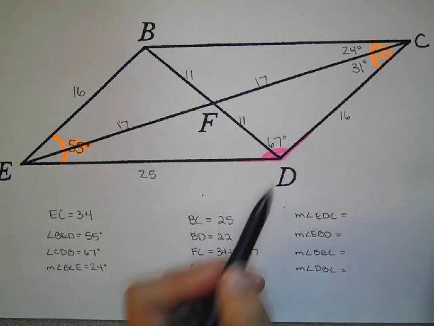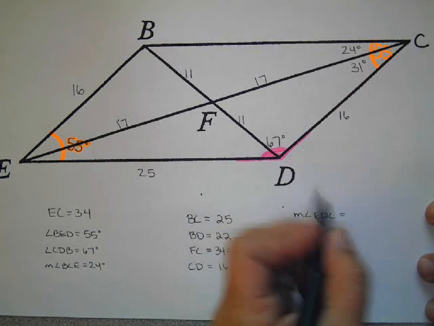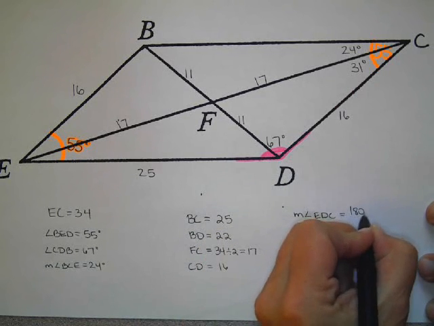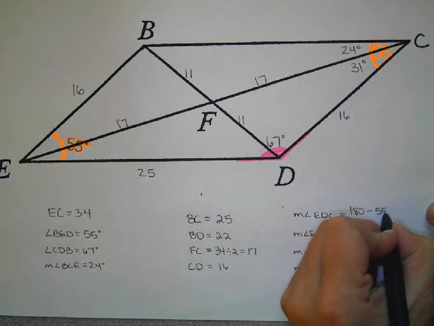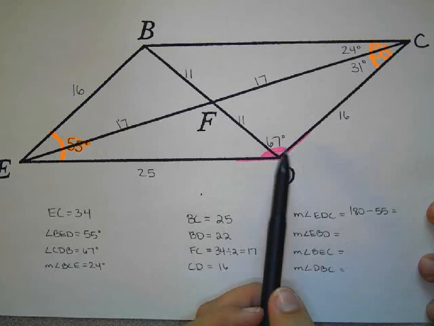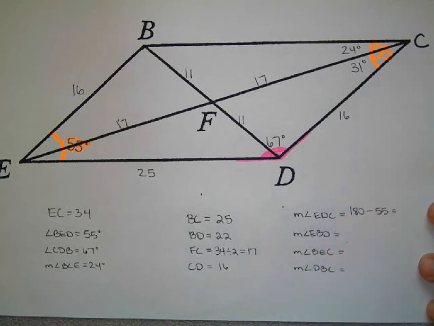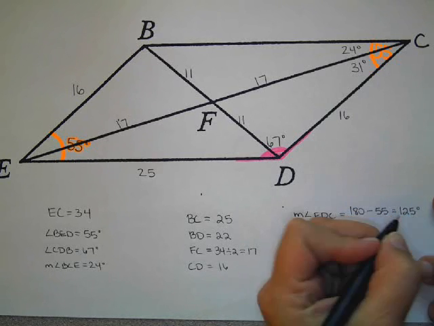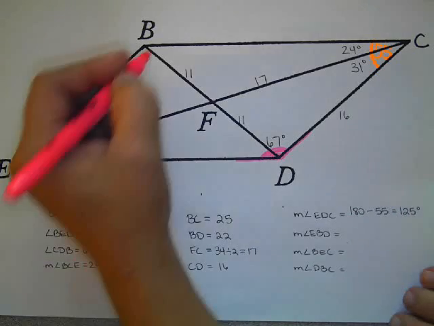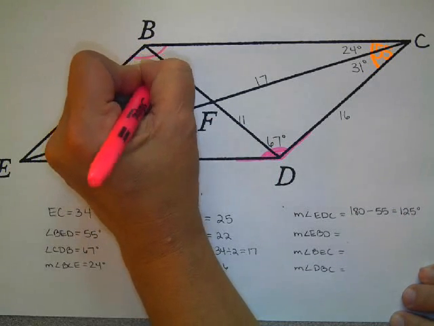So if I want the measure of angle EDC, I need to do 180 minus the 55, because again, same side angles are supplementary. They equal 180 degrees. So that would leave us with 125 degrees for this angle and also for this angle, because those are opposite.